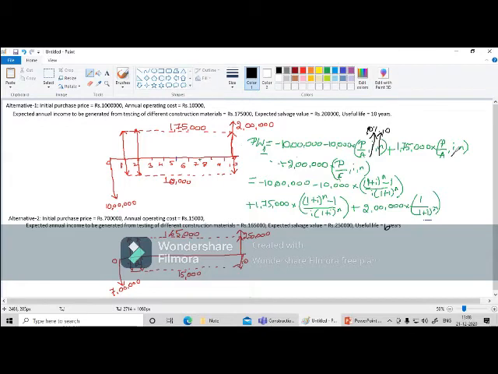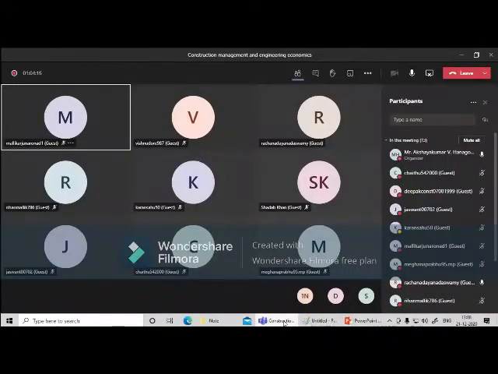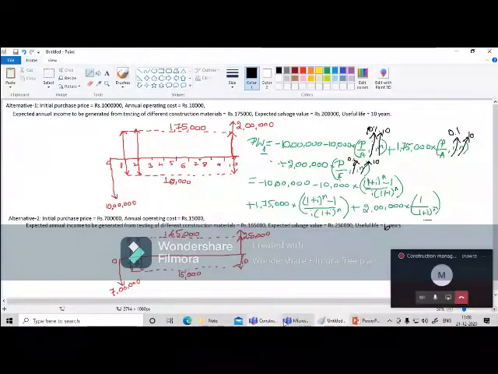For 1,75,000, I is 0.1 and it is for 10 years, so n is 10. For the salvage value of 2 lakh, again I is 0.1 and n is 10, because it is present at the end of the 10th year. Now you substitute the values of I and n. How much are you getting? Quickly. Charu, Deepak, you need to answer me. How much are you getting? The value. Quickly.